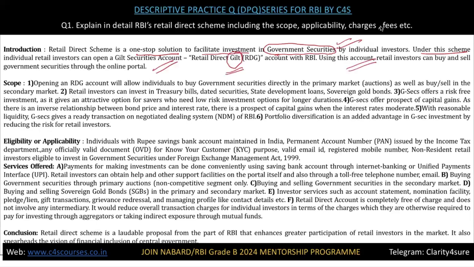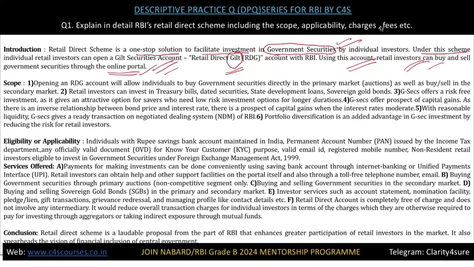Using this account, the retail investors can buy and sell government securities through an online portal. So everything is digitalized, and retail investors can access this service through the online portal.